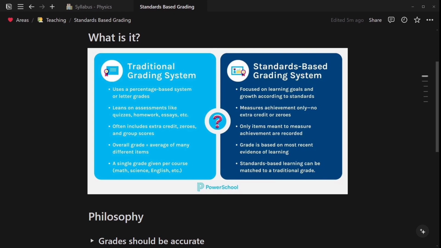Also, the grade is based off the most recent evidence of learning. So let's say that in September, you didn't do too good of a job on a standard. For a whole standard or specific learning objectives, you didn't hit the mark, you tested poorly. Well then, at a later point in time, you can test again or demonstrate your mastery of the content, and this grade will not take into account the previous one, except if there is a mode.